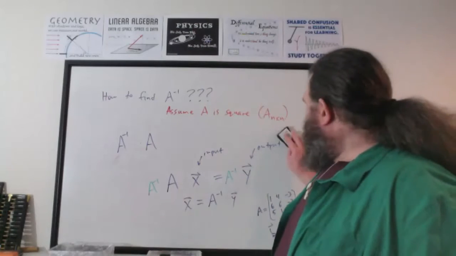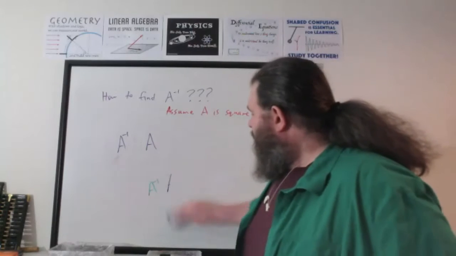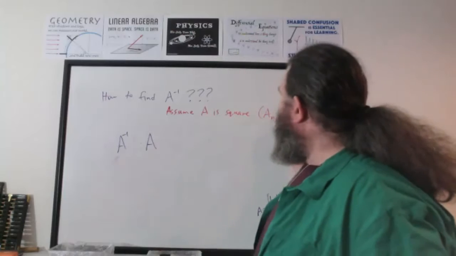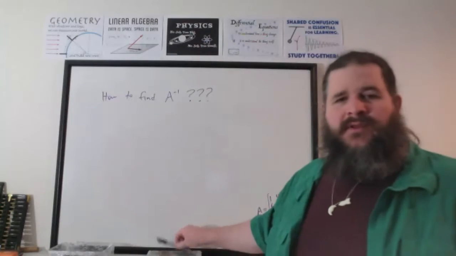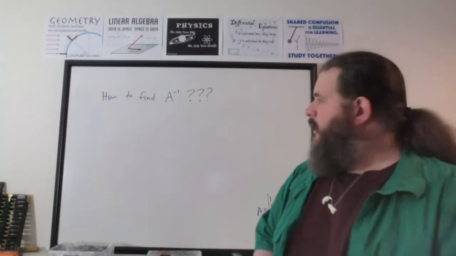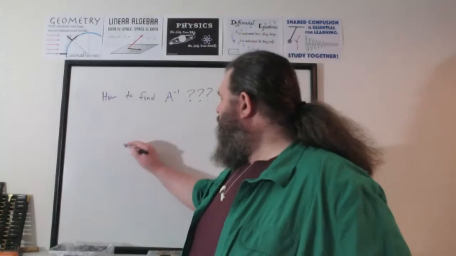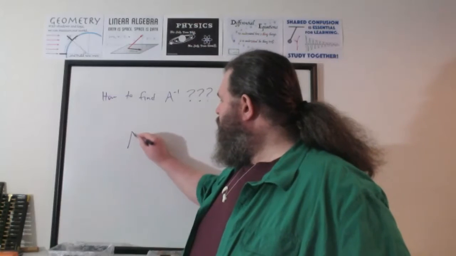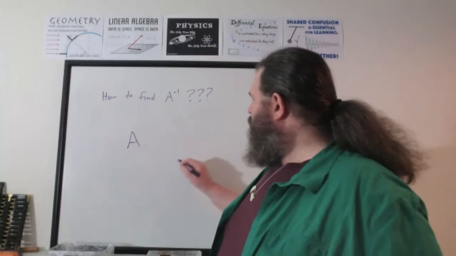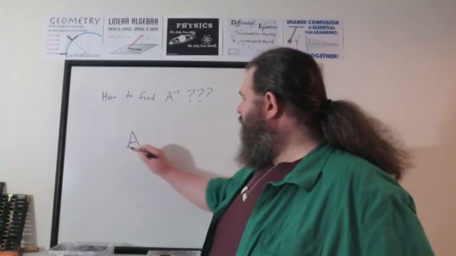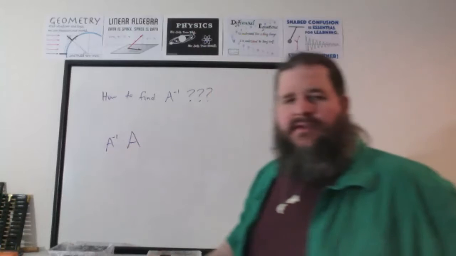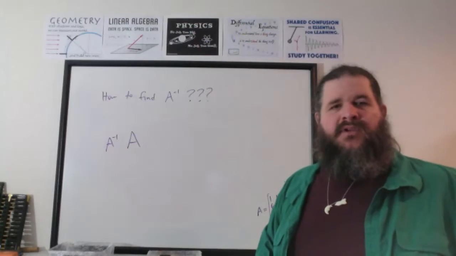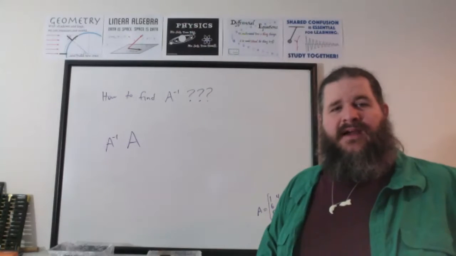So if we want to actually calculate that matrix, to find A inverse, we usually do this with augmented matrices, because we know that if we have some matrix A, and let's say we multiply it by A inverse, that should have the effect of completely canceling it out, leaving us with just the identity matrix.